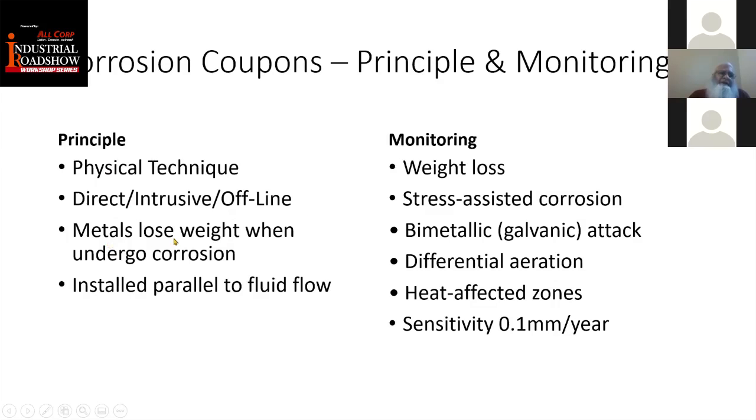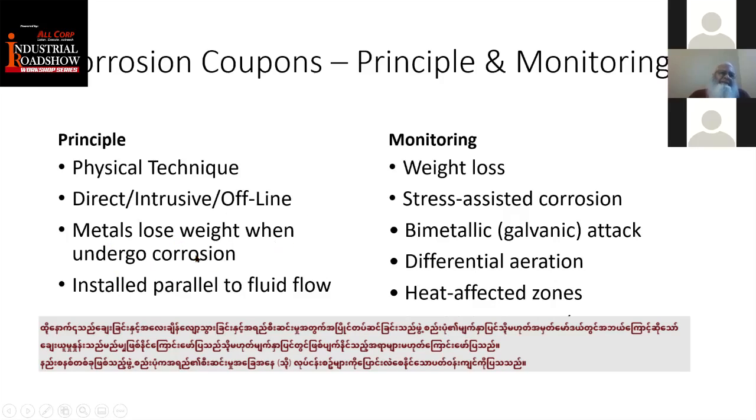The metal loses weight when it undergoes corrosion, and these coupons give an indication of how much the corrosion rate is likely to be at the surface of the structure or the pipe metal, but not exactly what may be happening at the pipe surface.